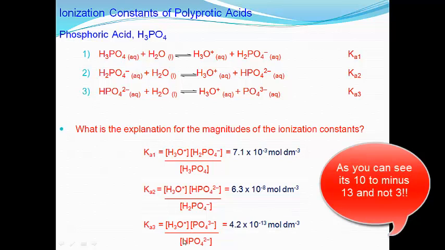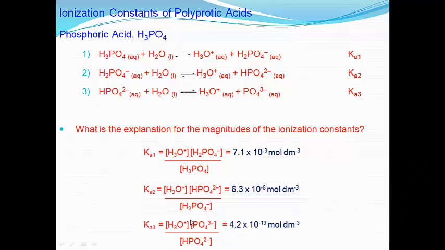Of course, we can determine the ionization constants from our equilibrium reactions. And so the question is, what is the explanation for the magnitudes of the ionization constants? Why is it that Ka1 is several orders of magnitude greater than Ka2, and even many more orders greater than Ka3?